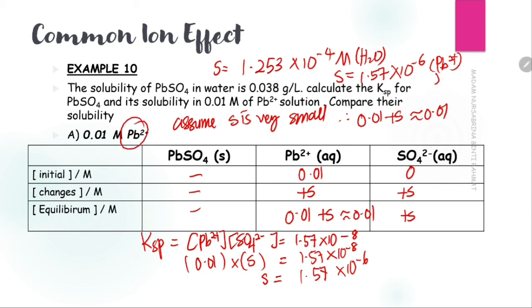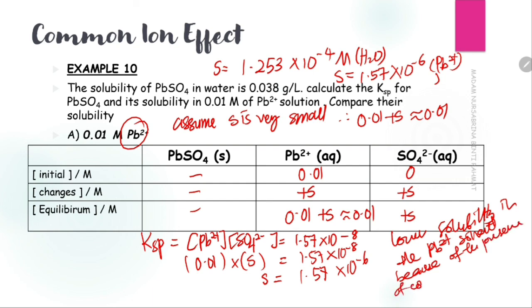So there is lower solubility in the Pb2 plus solvent because of the presence of the common ion, leading the lead sulfate to be less soluble in the solvent. The presence of a common ion between the solvent and the salt will reduce its solubility.